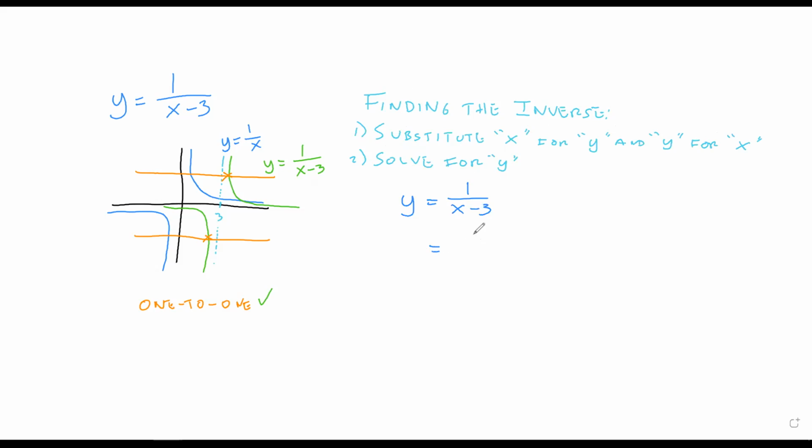So we're going to substitute x for y and y for x, and we're going to solve for y. So I'm going to send the y minus 3 to one side and the x over here to the bottom.